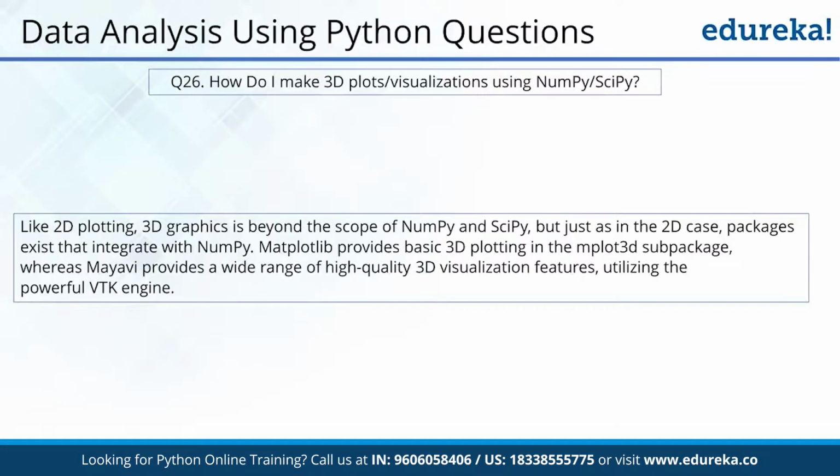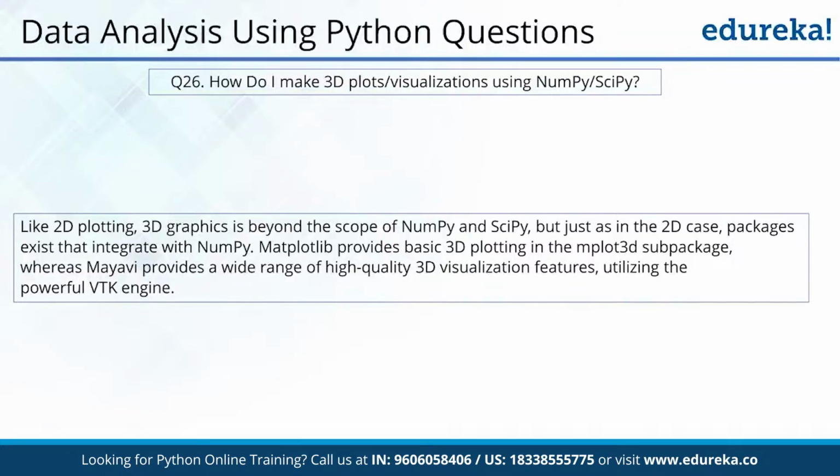How do I make 3D plots or visualizations using NumPy or SciPy? Like 2D plotting, you have 3D plots, but you've got a basic 3D plot called the mplot3d subpackage, which is part of your matplotlib package. There is another package called MayaVi, which provides high quality 3D visualization features. For 2D, there is another beautiful charting library called Bokeh, which is based off of the bokeh.js library. If you want simple charting, you've got NVD3, which is part of the D3.js library.